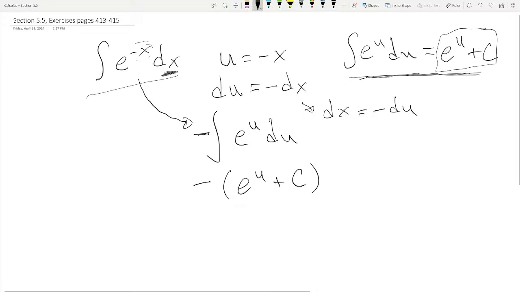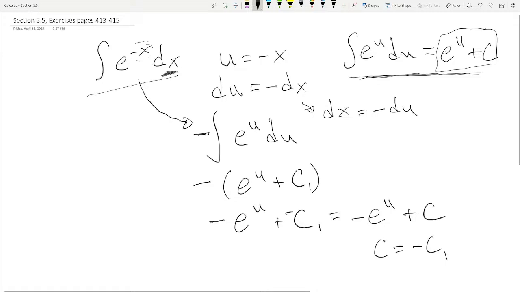Now, what we typically do is we don't write it the way I've just written it. We just have the negative e to the u, and when we attach a negative to a constant, that's just some other constant, so we ignore that. You could first say this is c1, then negative c1, and finally my answer is negative e to the u plus c, where c equals negative c1.